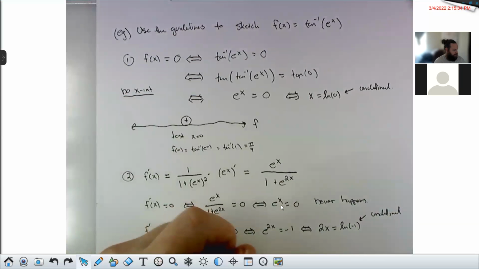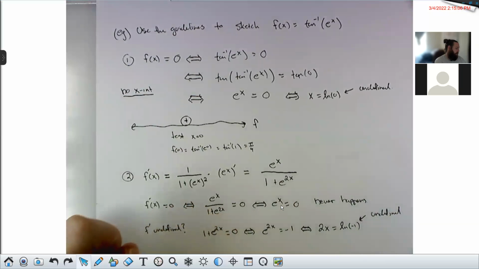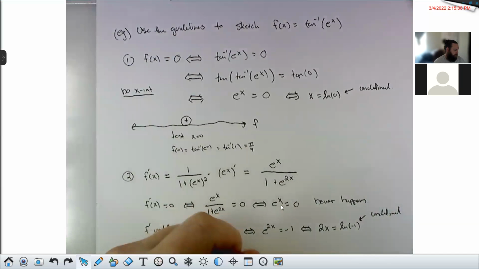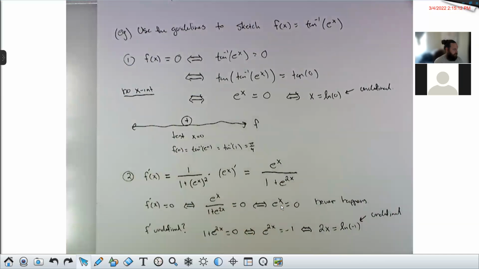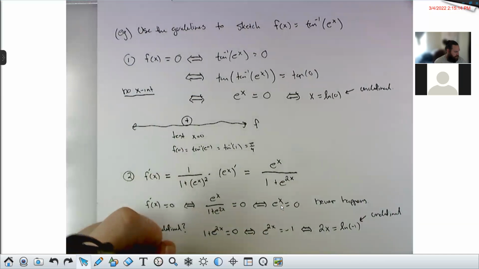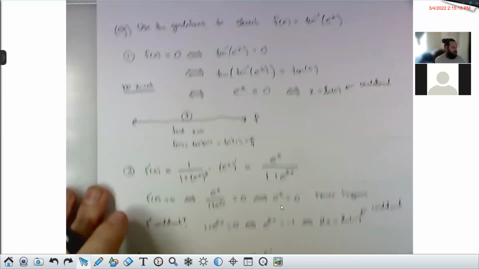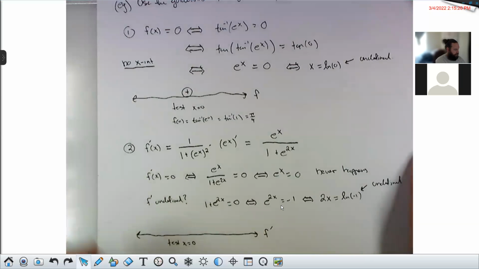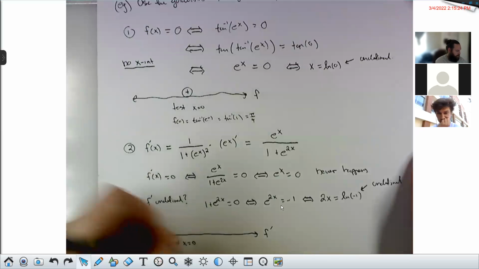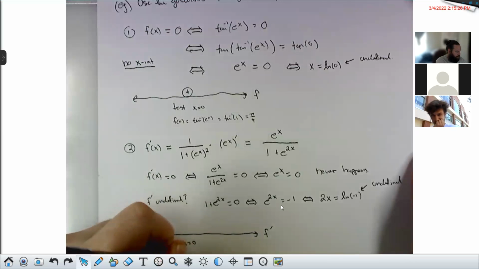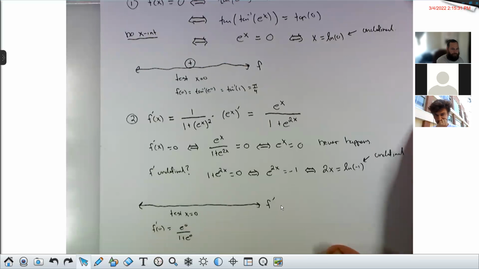The number line for f prime also looking a little boring. You can take any number, say x equals 0, to use as your test point in here. F prime of 0 is e to the 0 over 1 plus e to the 2 times 0, which is also 0.